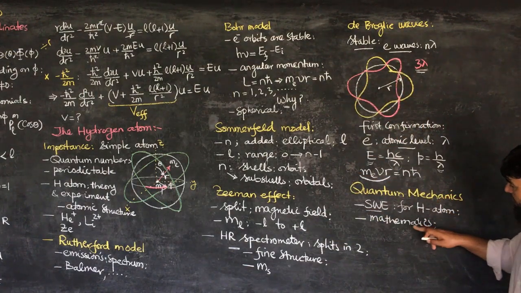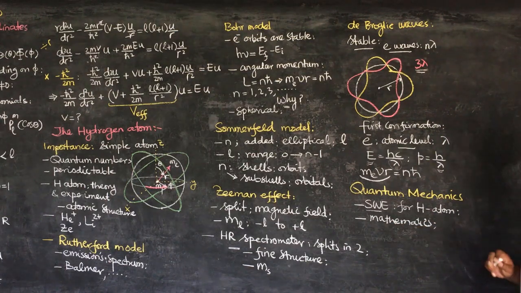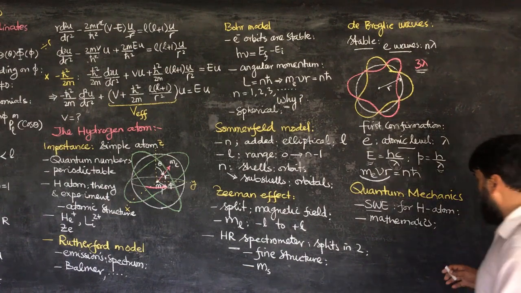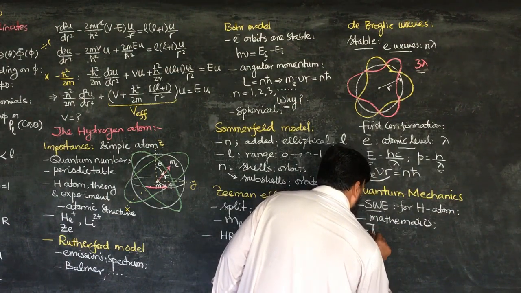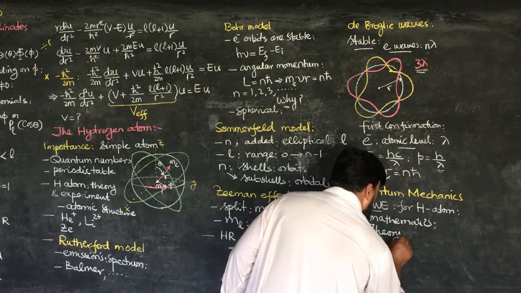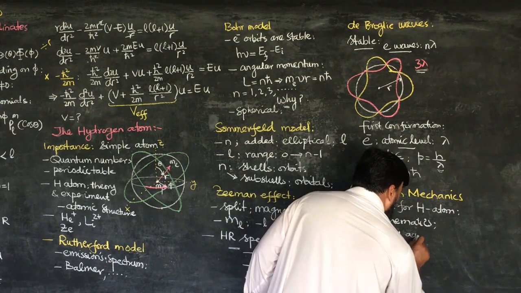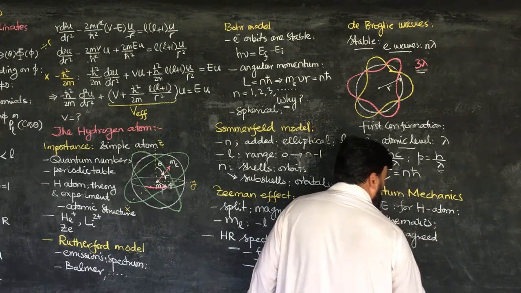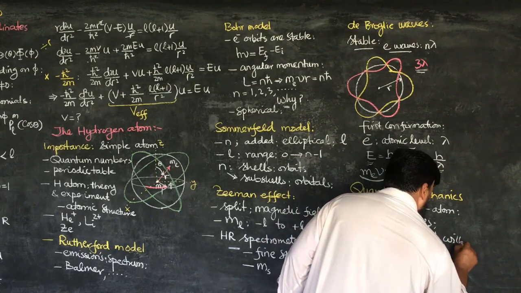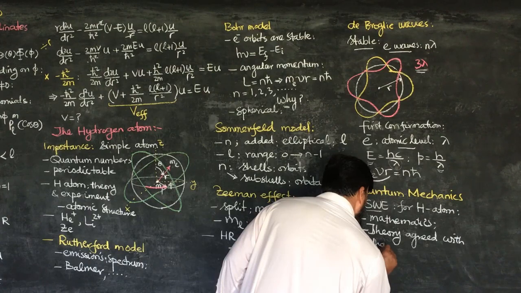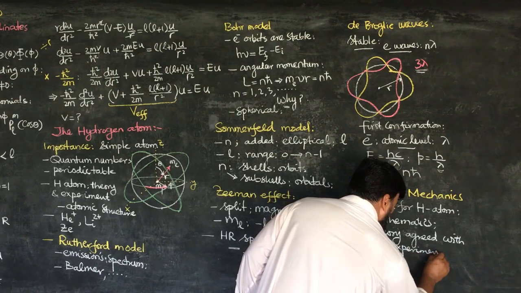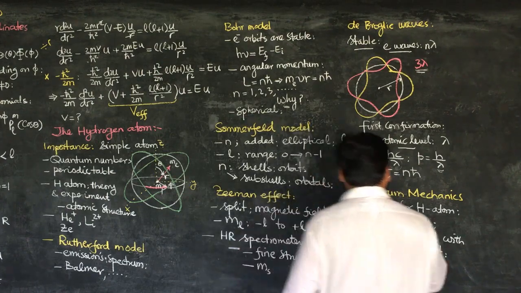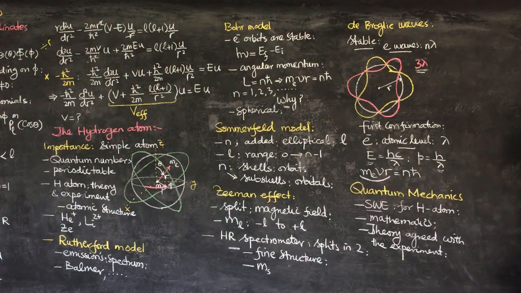Here in quantum mechanics, we directly solve the mathematics without any assumption, and we came to know that for the first time the theory agreed with the experiments, and the theory was provided by the Schrodinger wave equation.